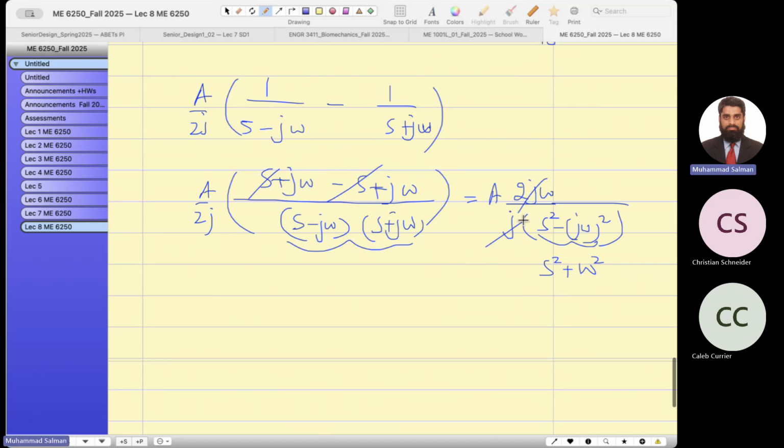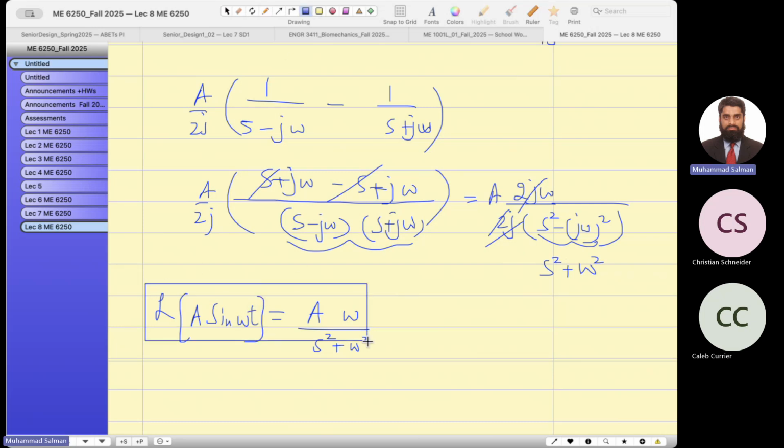This 2 is also cancelled. So you will see this can be written as a omega over s square plus omega square. So this is the Laplace transform of a sine omega t using the basic definition method of the Laplace transform.